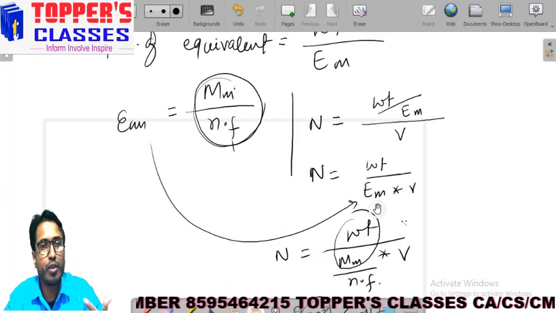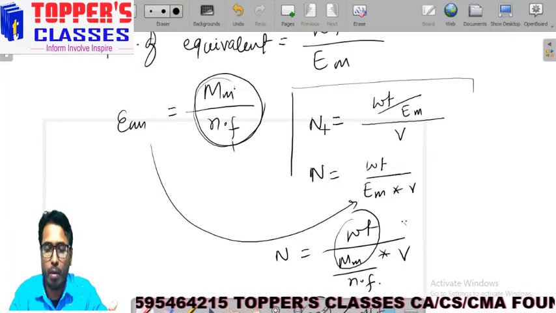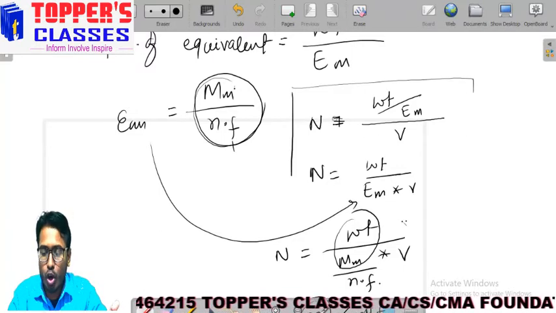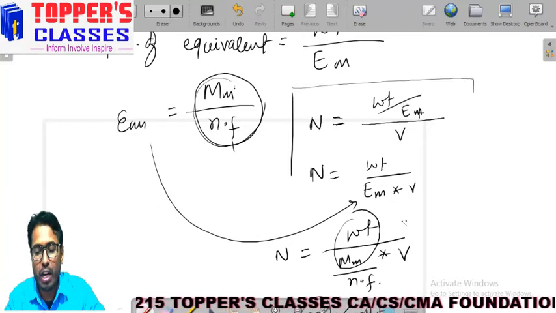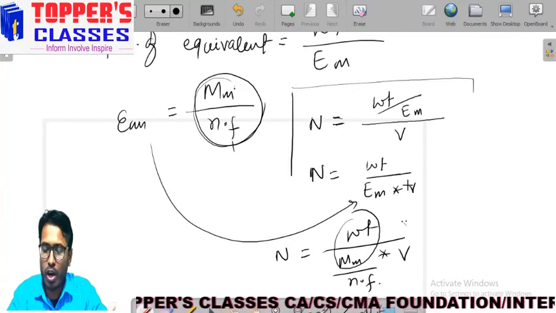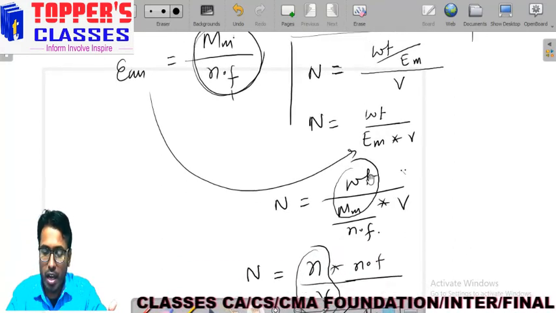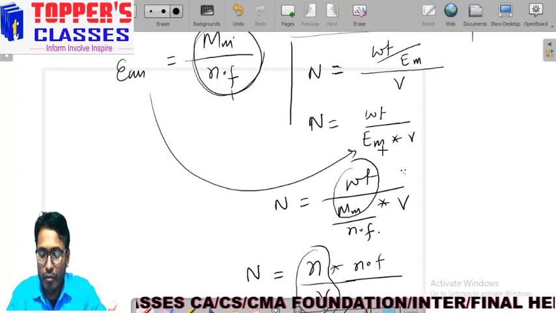Once we find equivalent mass, I have put all this data into the formula of normality. So normality equals weight by equivalent mass into volume. Now here I have put the value of equivalent mass.